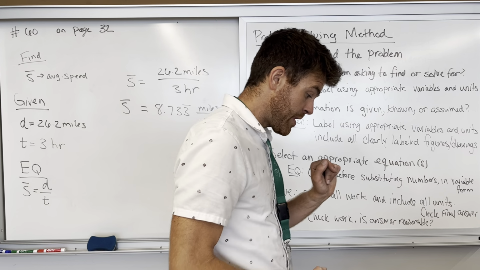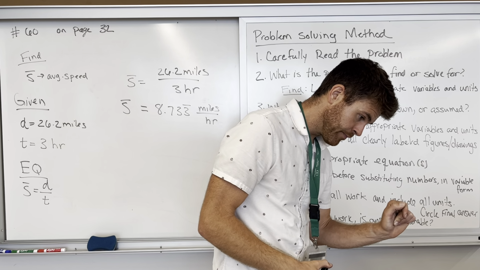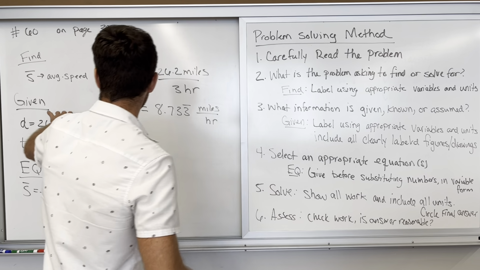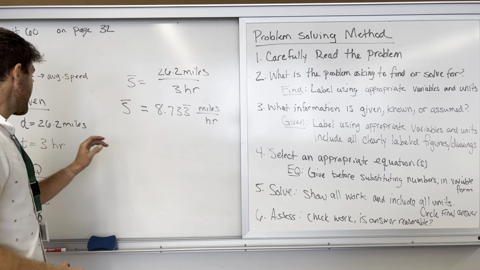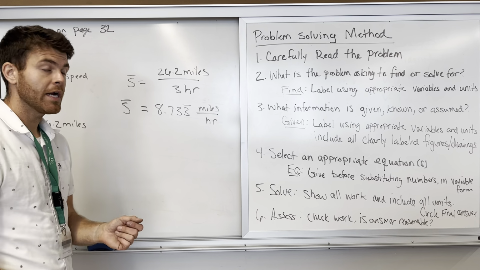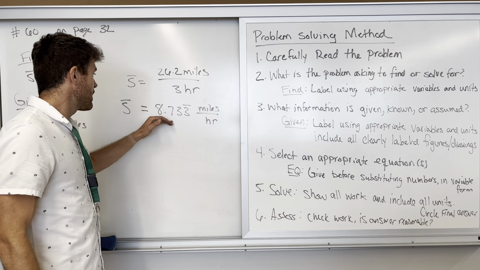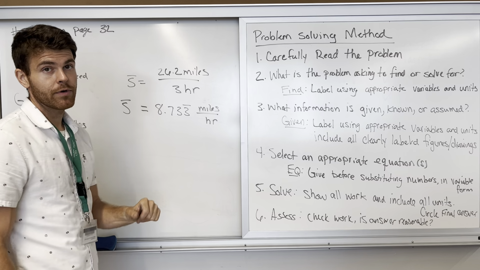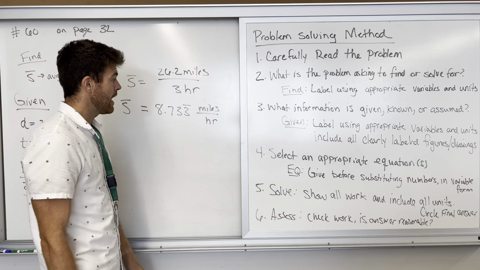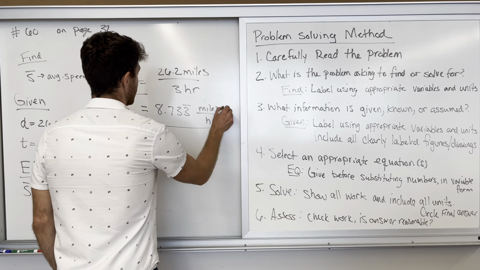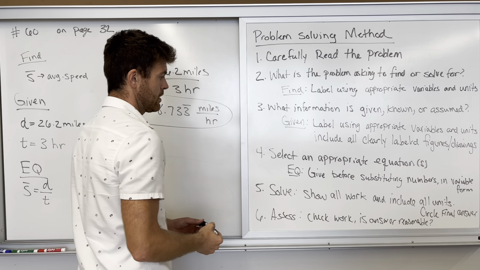If this average speed is greater than that, then they will cover the 26.2 miles in a shorter amount of time than 3 hours. So that's fine, right? But this is the minimum. If the average speed is less than this, it's going to take longer than 3 hours to cover that distance, and therefore they will not qualify. So we circle our final answer.